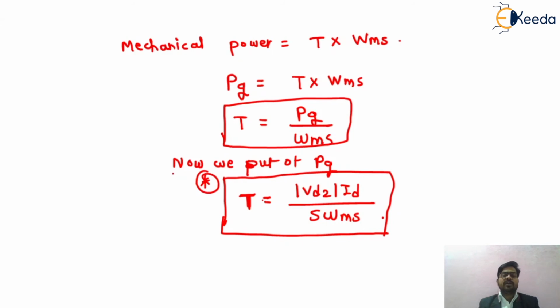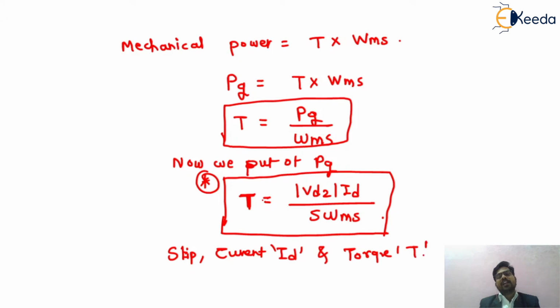So friends, in this way we have derived various parameters: the slip of your Scherbius drive, then the current flowing through the driver circuit, ID, and the value of the torque.